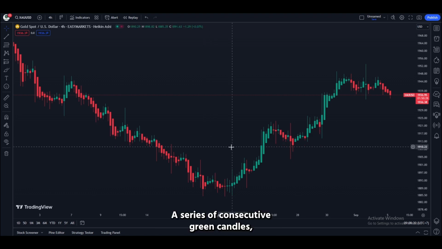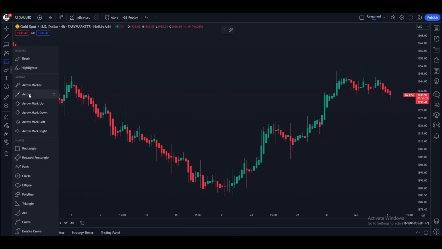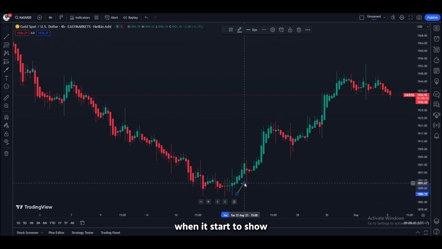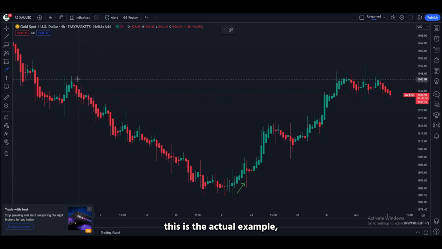A series of consecutive green candles, for example this one, when it starts to show consecutive bullish candles, the price moves into a bullish trend, while consecutive red candles indicate a strong downtrend. As we can see, this is the actual example.